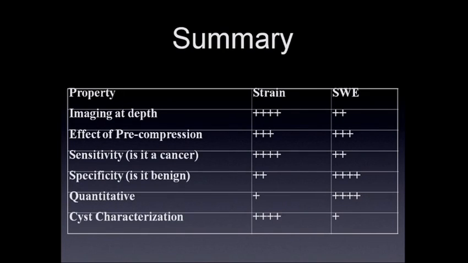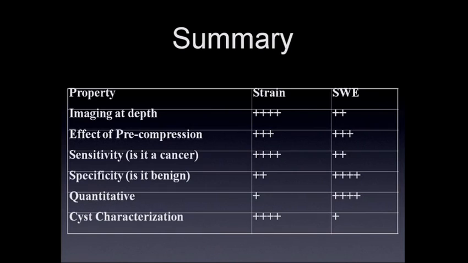So to summarize the differences between strain and shear wave imaging: with strain imaging, we don't really have a problem with depth. As long as we can get a good B-mode image, we can get good results. With shear wave imaging, the shear wave only penetrates so deep, usually around 4 centimeters.